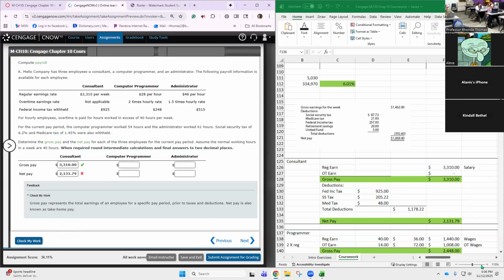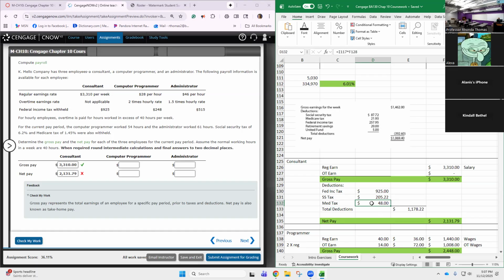So what is wrong? Sorry. Something's wrong with mine. Let me see, my federal income tax is $925. My Social Security tax, let me see if it's calculating. Let me just calculate it myself right here. Times 6.20. Nope. Hang on just a minute. I put that in there wrong. My fault. So this should be 0.062, 6.2%.